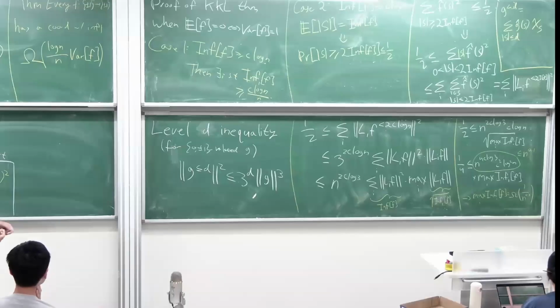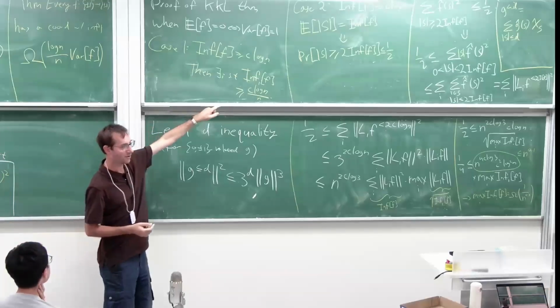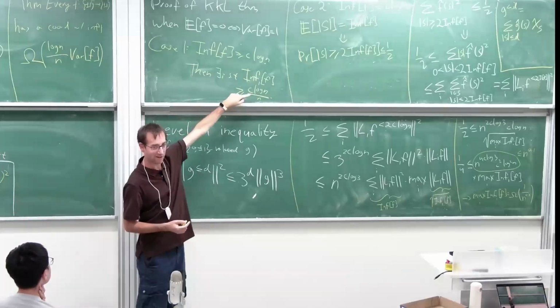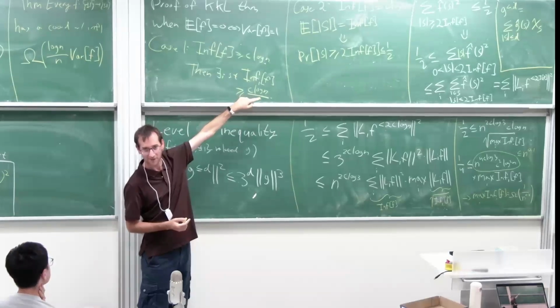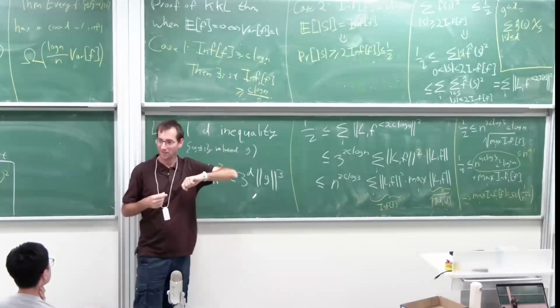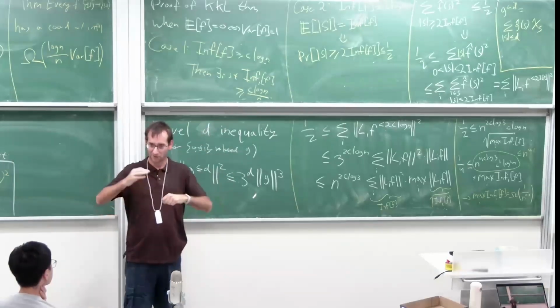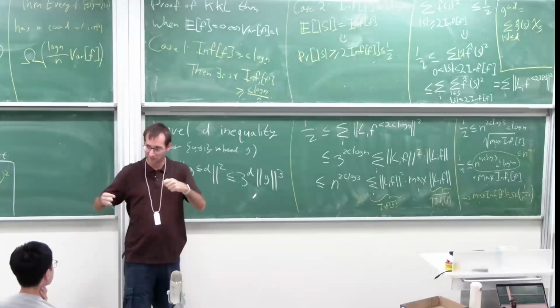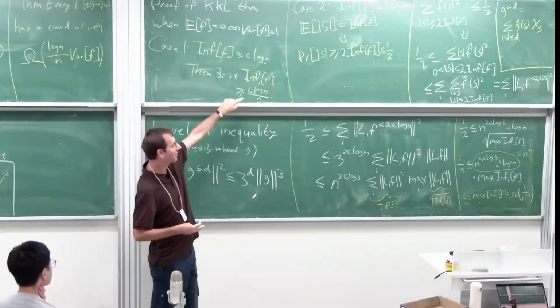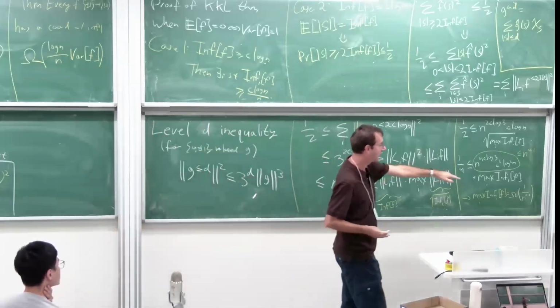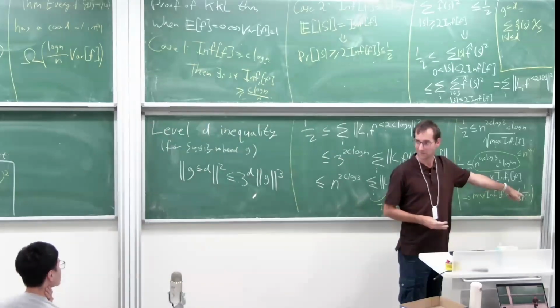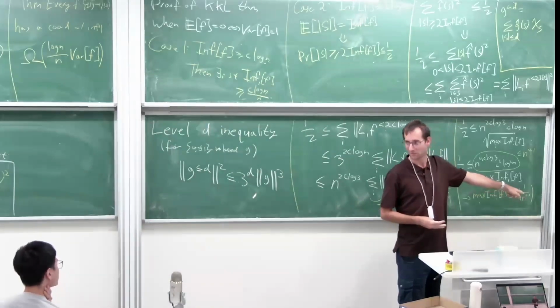No, it's a question of choosing C. We had two cases, and from case one we got log n over n. You don't see it here, but let's say you don't know that the right answer is log n over n, and you try to optimize. If you balance what you get here with what you get here, then you would get log n over n. But you don't see it from this proof.